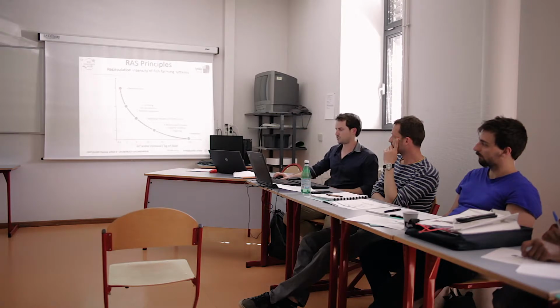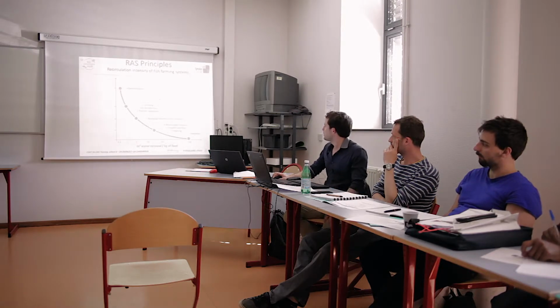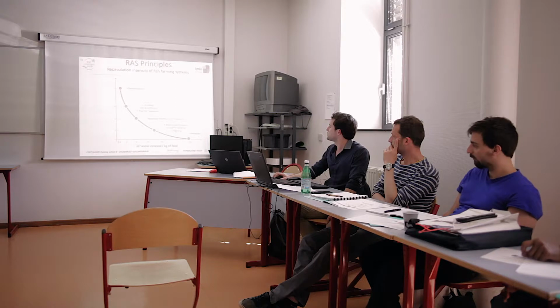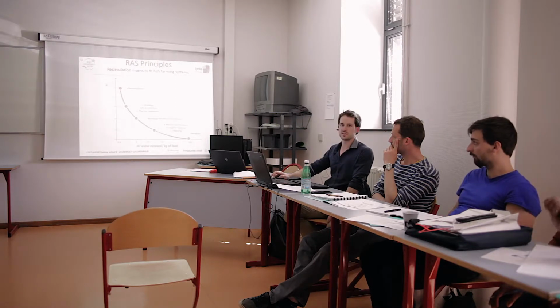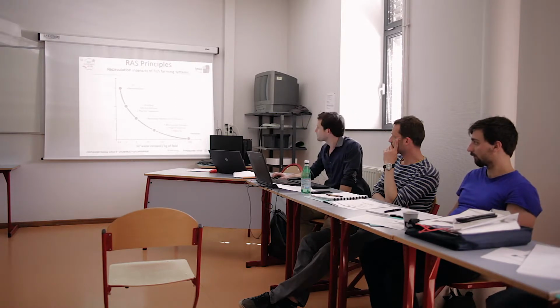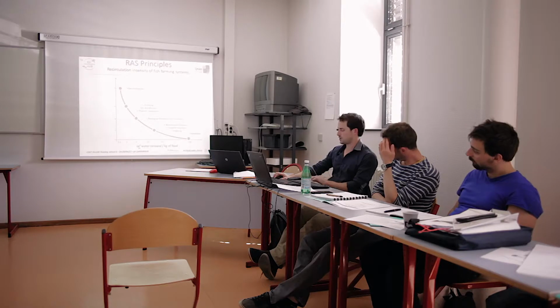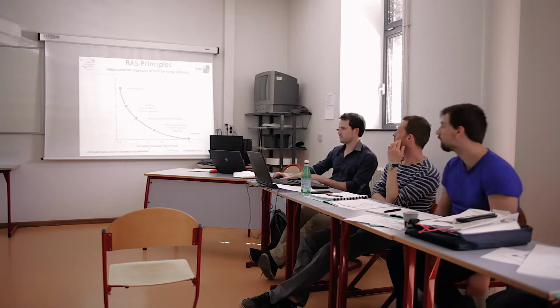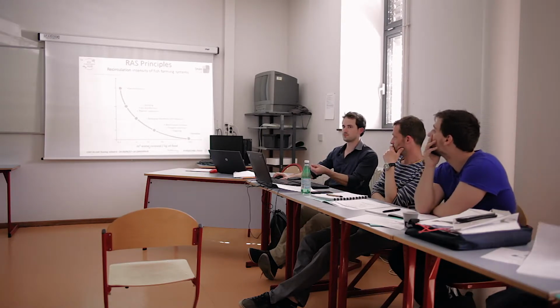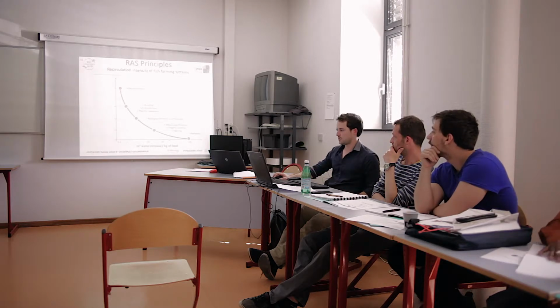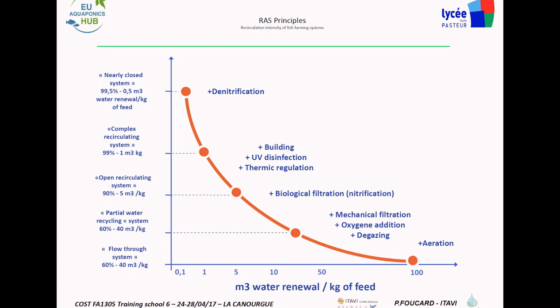Just about RAS. This illustrates the recirculation intensity of fish farming systems. There you have the ratio of makeup water per kilo of feed you distribute to the fish. Here, 100 is the flow-through system.